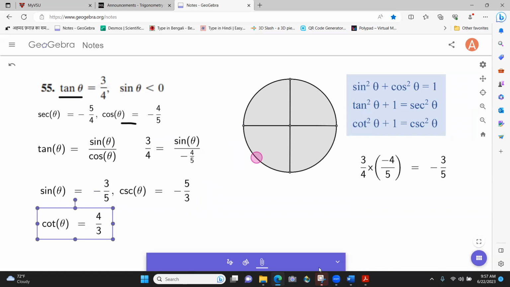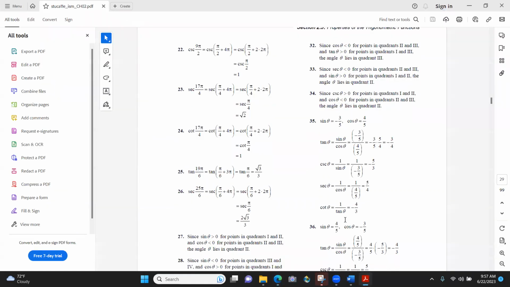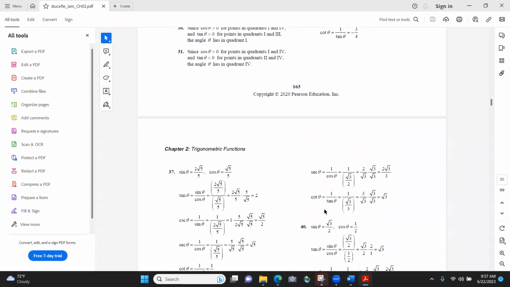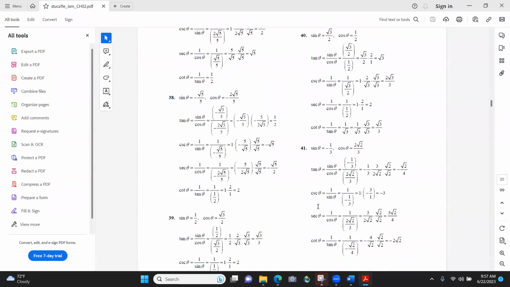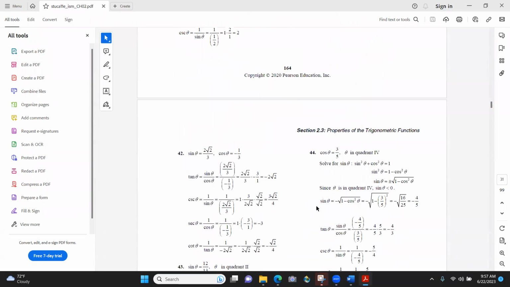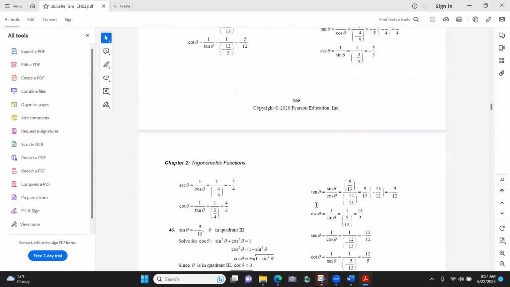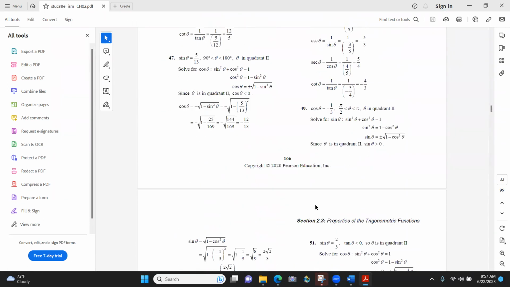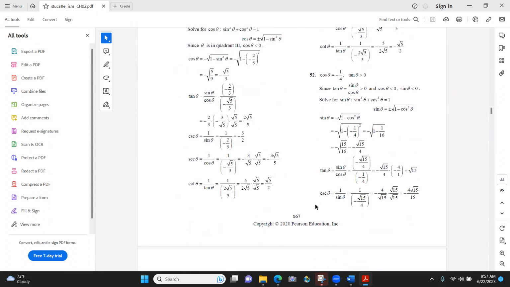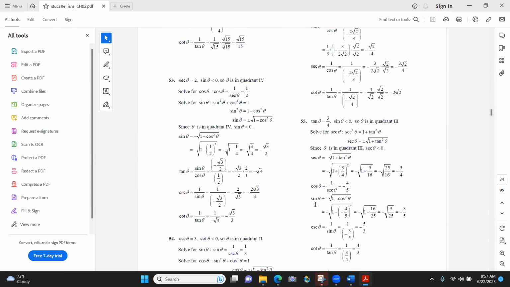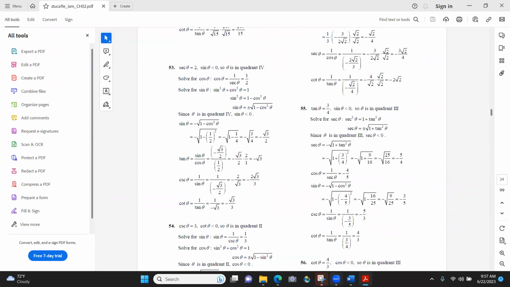This is number 55, 2.3. The -5 over 4 is secant. Let me grab this.